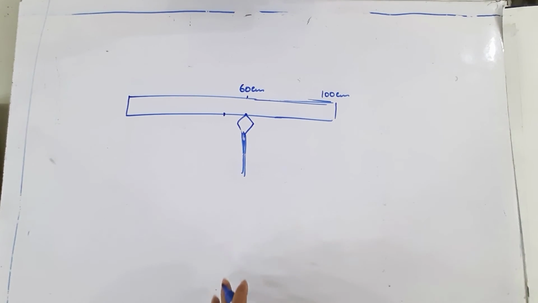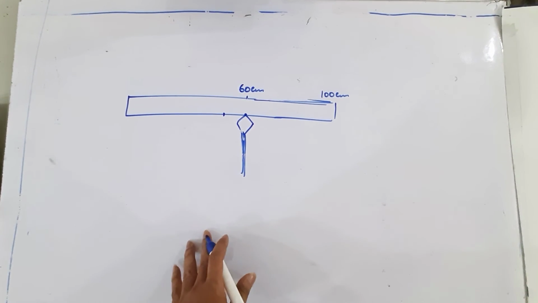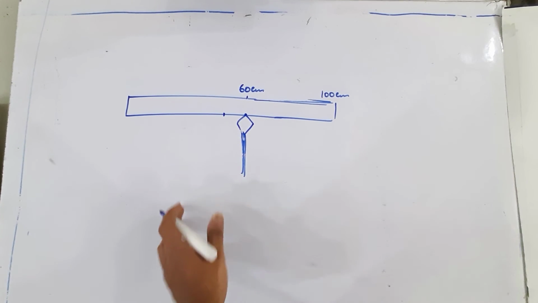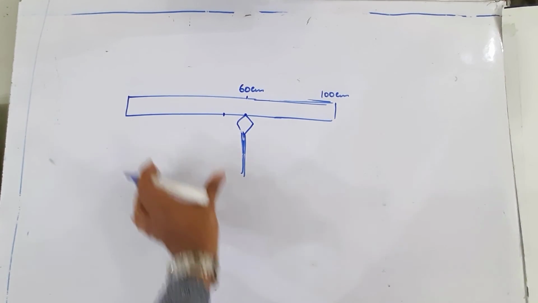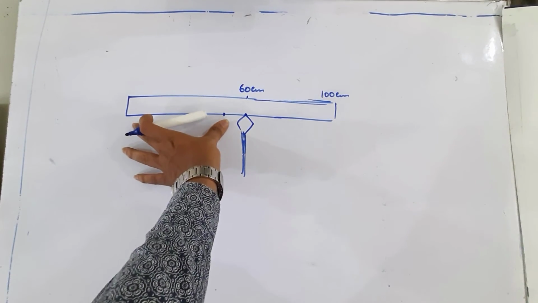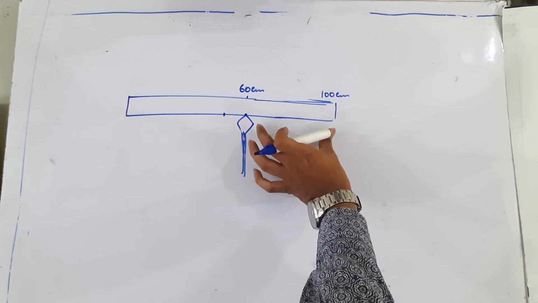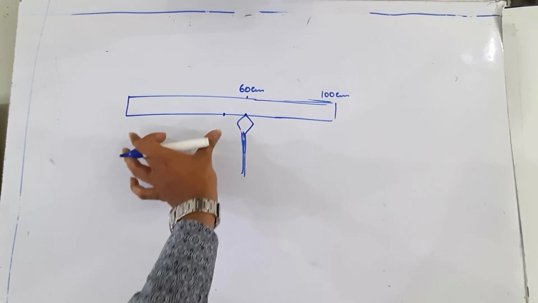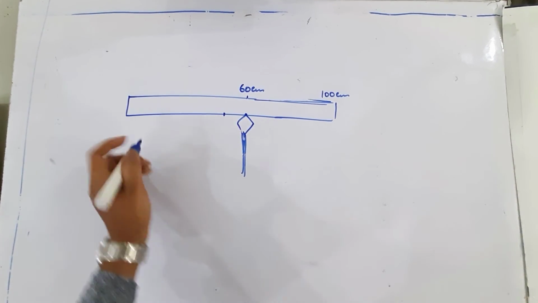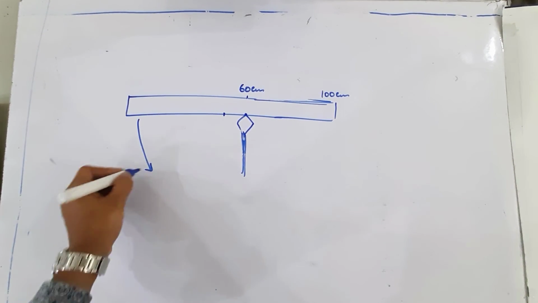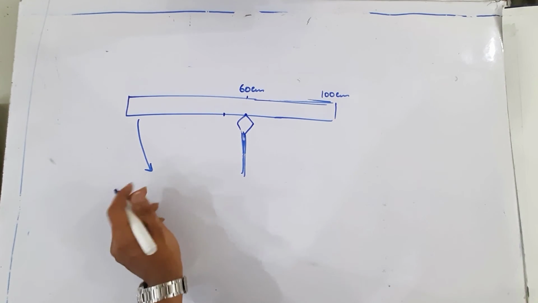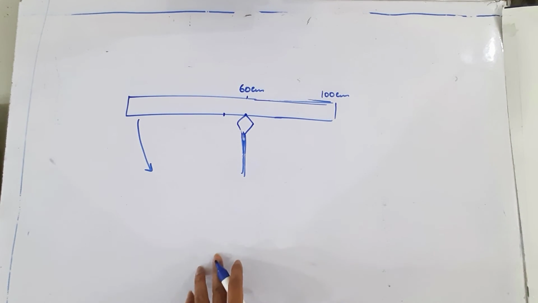So can you just tell me in which direction the rod will tilt or the meter rule will bend? So obviously this portion is more, so the weight of this 60 centimeter portion will be more than this 40 centimeter portion. So obviously on this side the weight is more, so the rod will tilt along this direction, that is, it will bend in the anti-clockwise direction.